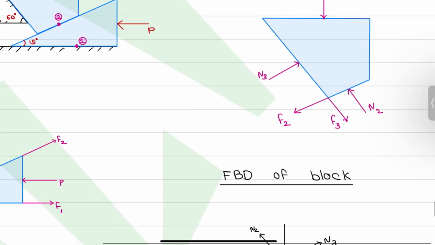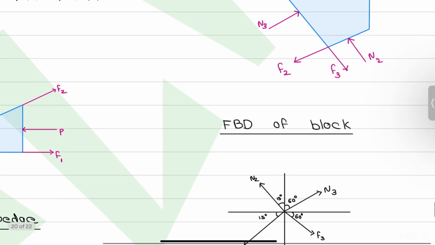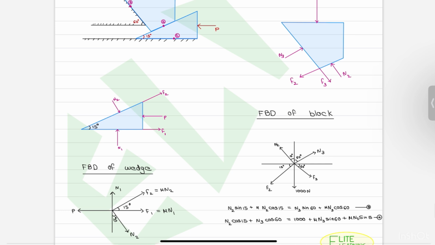N2 is making an angle of 15 degrees, and similarly N3 is making an angle of 60 degrees with the horizontal.